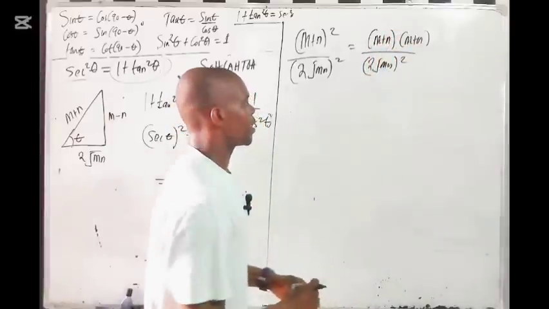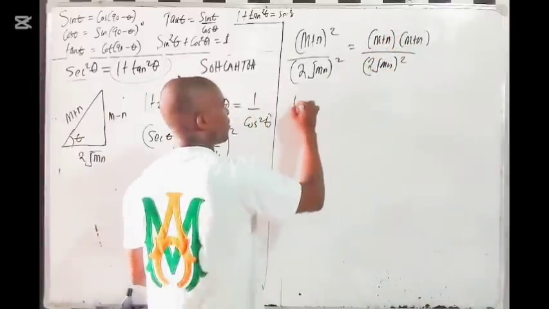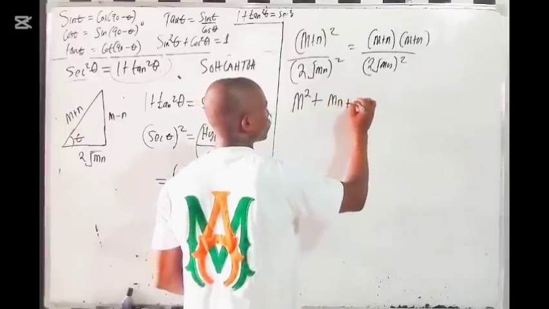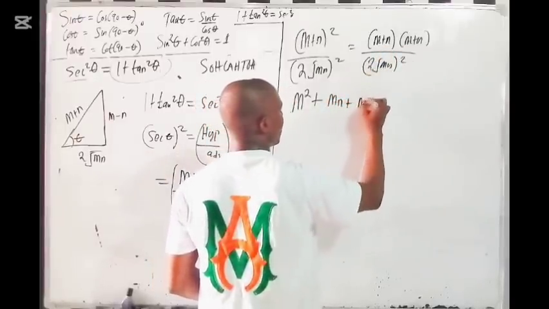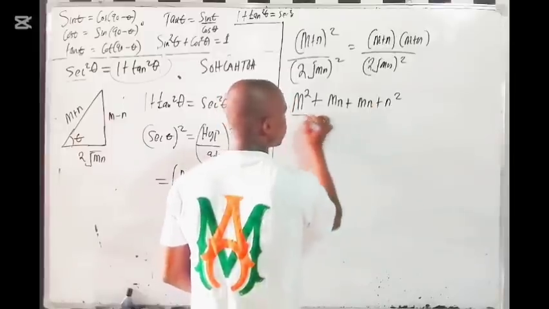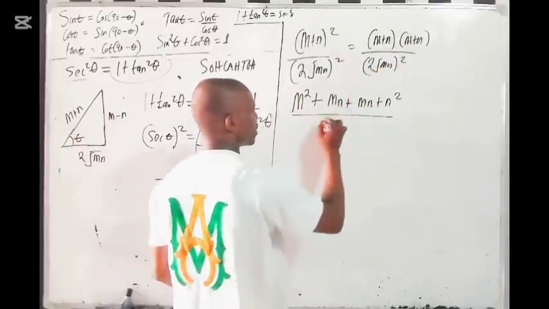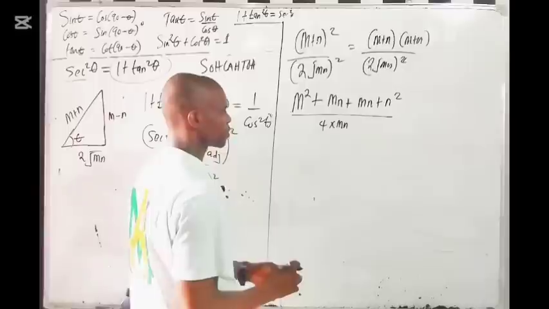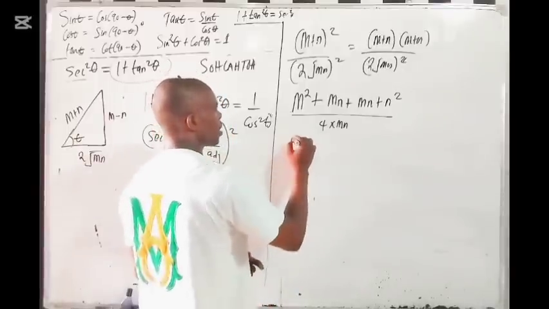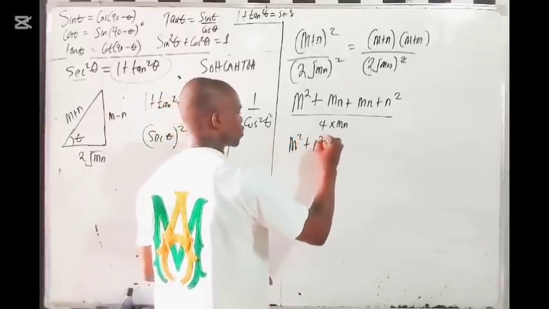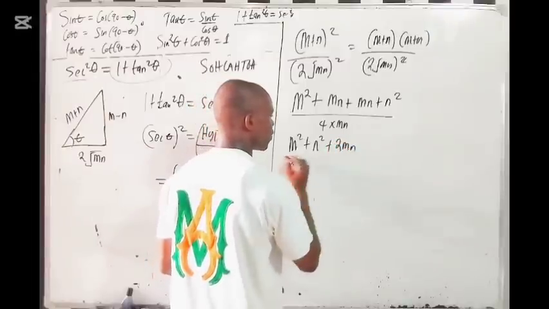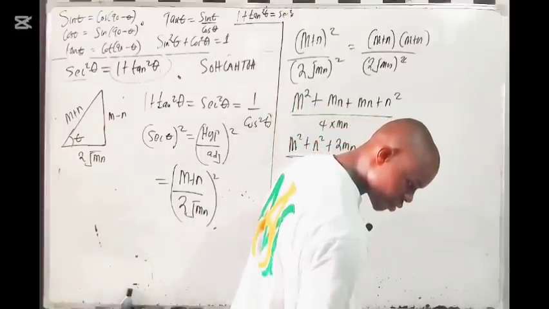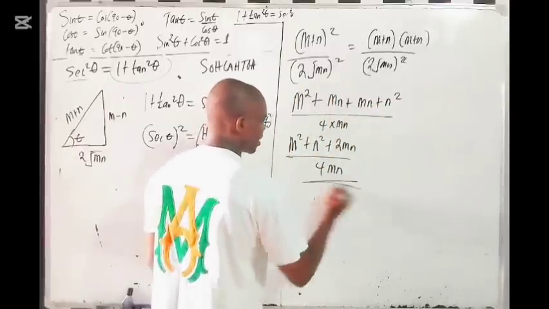So now if you open this one here, you have m times m, which is m squared, plus m times n, which is mn, plus n times m, which is mn, plus n squared, over, when you open this one here, 2 raised to 2 is 4. This one cancels out this one, times mn. What will happen here? It's going to be m squared plus n squared plus 2mn over 4mn. So this is the answer.